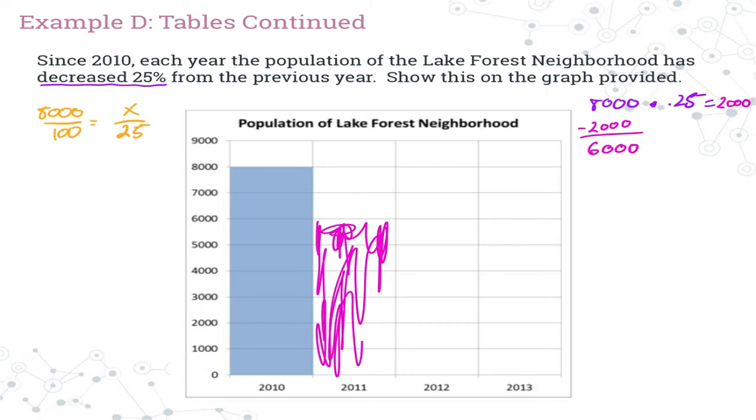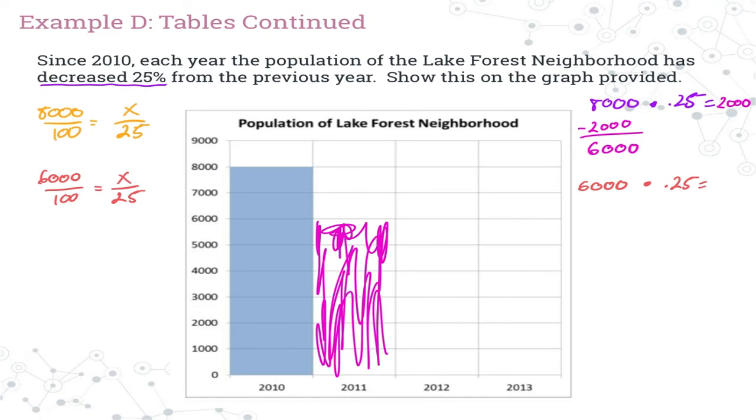For the next year, I have to figure out how many people were there. So we're starting with 6,000 people this time. And again, I can make my proportion if I want. I could say 6,000 over 100 for the 100% that we're talking about, and we don't know what the 25% decrease in that is. Or we can multiply by our decimal point, whichever one's easiest for you.